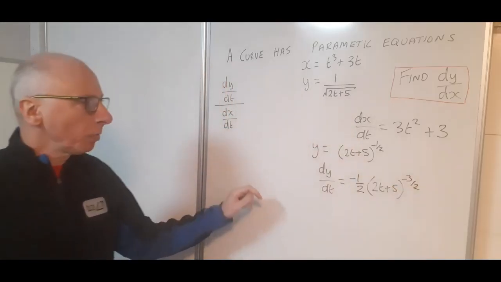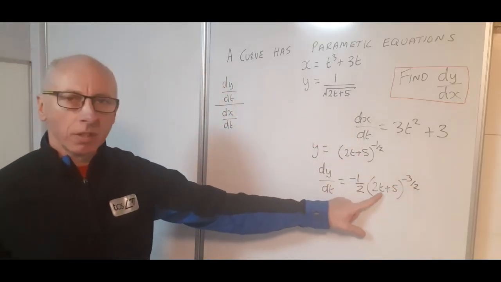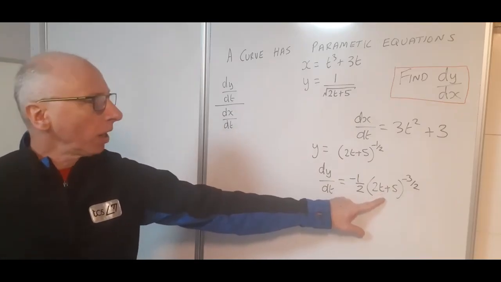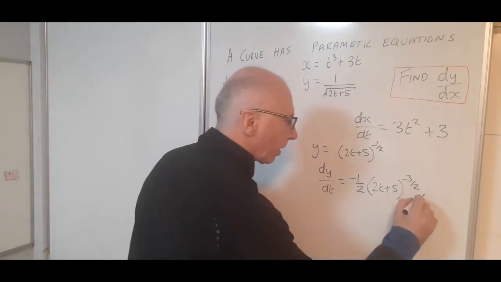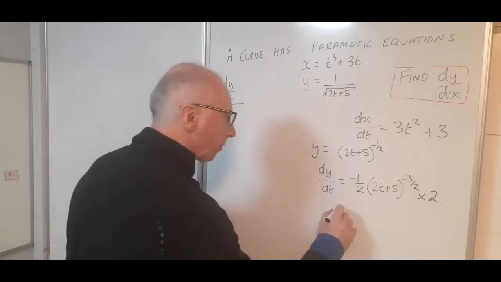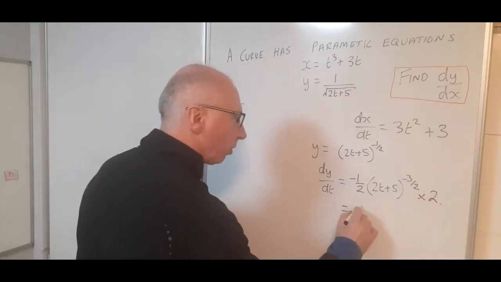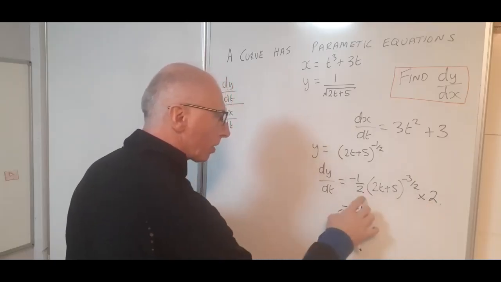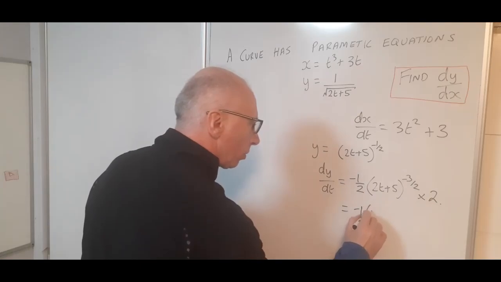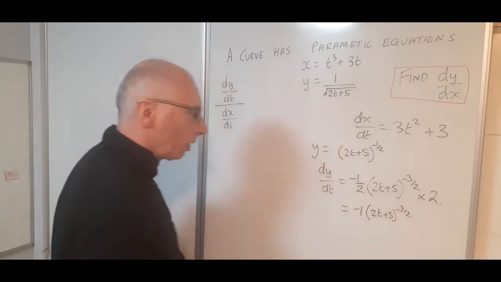And then we need to multiply by the derivative of the inside, by the chain rule. So we need to multiply by 2. So then that would give me minus 1, so 2 times minus a half is minus 1. And then 2t plus 5 to the minus 3 over 2.